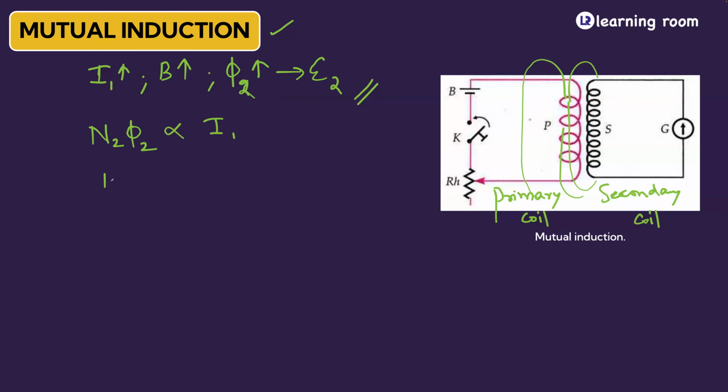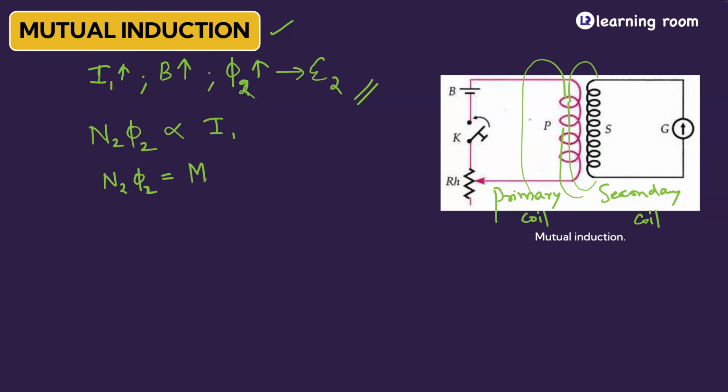So if I remove the proportionality symbol, what is the constant I'm supposed to introduce? The constant is going to be capital M. In the previous case, we used L for self-inductance. Here we'll use M for mutual inductance. But for mutual inductance, you need to be very careful with the subscript.